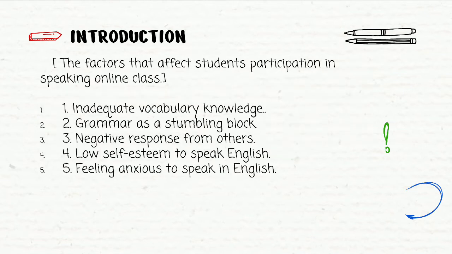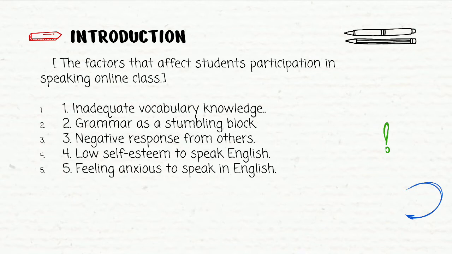So now we come to the next point, which is the factors that make students not confident to speak in class. Number one is inadequate vocabulary knowledge. This is rare for some students when faced with a speaking class that requires them to speak. However, the limited vocabulary they have requires them to practice often and enrich themselves with new vocabulary.